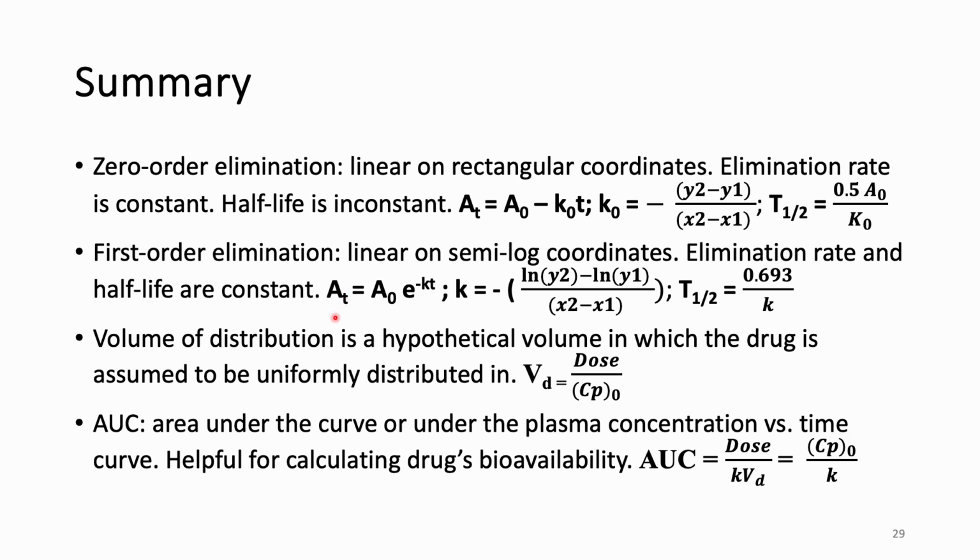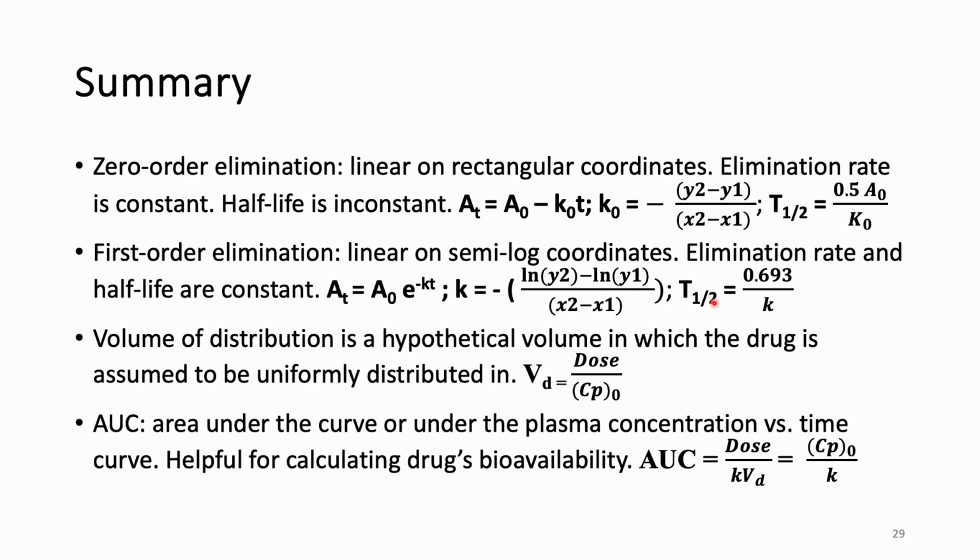To calculate the concentration, you can use the same equation, CPt equal to C0 exponential minus Kt. The elimination rate constant K is equal to the negative of natural log of Y2 minus natural log of Y1 divided by X2 minus X1. Half-life is equal to 0.693 divided by K.